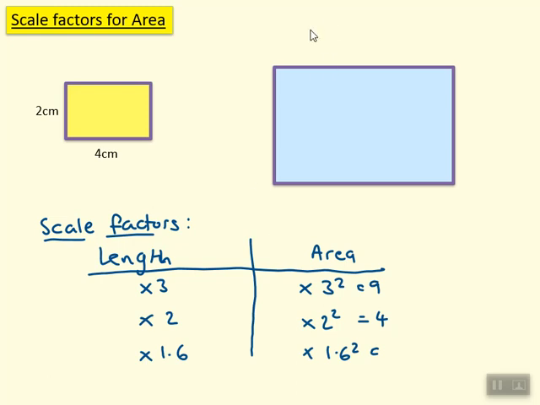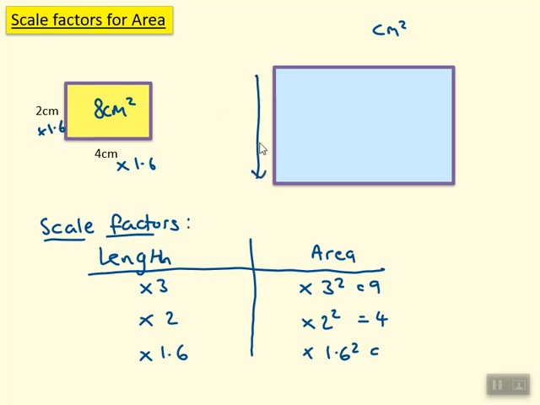And if you think about it logically, remember area is written as centimeters squared, meters squared, and so on. It's the same principle with the scale factor. So here, for example, the area of this one is 8 centimeters squared, but if I multiply the lengths by 1.6, I'm not even going to bother working that out.